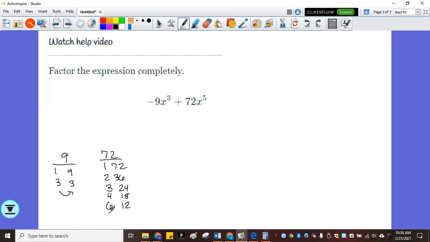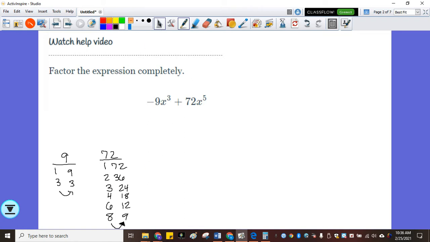The next number I would check would be 9. So multiplies to 72, here are all your factors all the way up. And multiplies to 9, 1 and 9, 3 and 3.